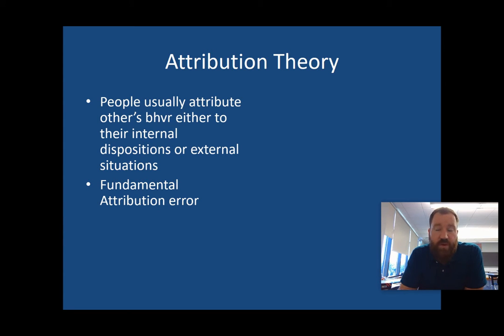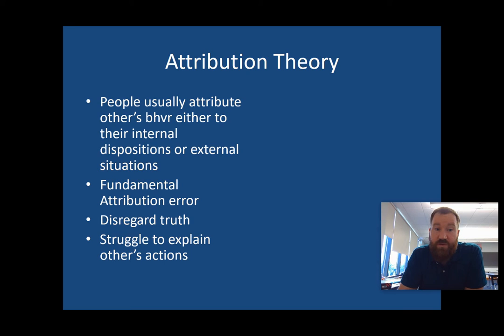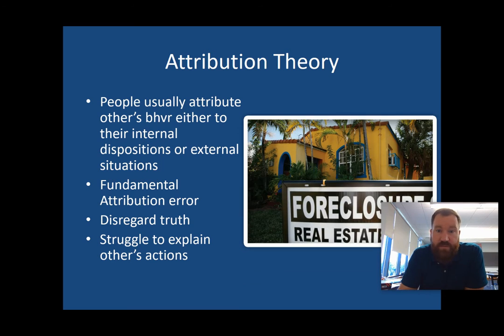For us, we almost always say that our actions are because of our environment, but for other people, it is almost always their internal disposition, right? It is who they are as a person. And this causes us to disregard the truth of a situation, and it also causes us to struggle to explain other people's actions. Like I just said about the foreclosure thing, someone could have lost their job.